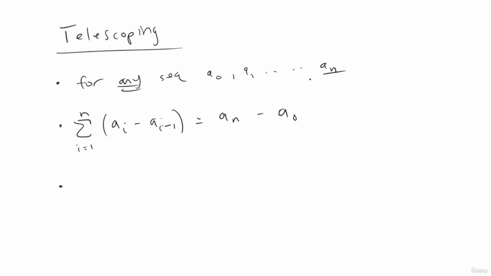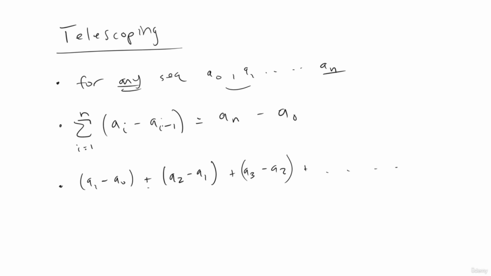For A0, A1, this is just going to be A1 minus A0. We start off with subtracting these two, and then i is going to go to 2, and then we're going to do A2 minus A1. And then we're going to do A3 minus A2. And the idea behind telescoping, and we're going to keep doing that, is that every number is both added in and also subtracted out.